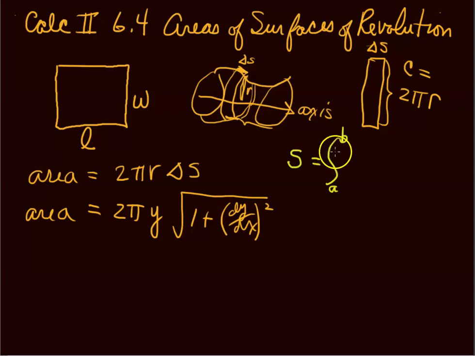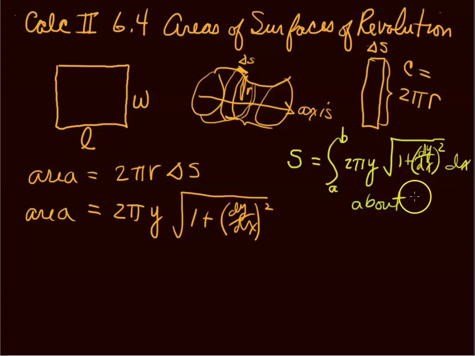Now there's going to be a 2 pi y, and then this 1 plus dy dx squared dx. This is really revolved about the x-axis. Now that makes sense because when you revolve around the x-axis, you're going to have that little thickness dx.